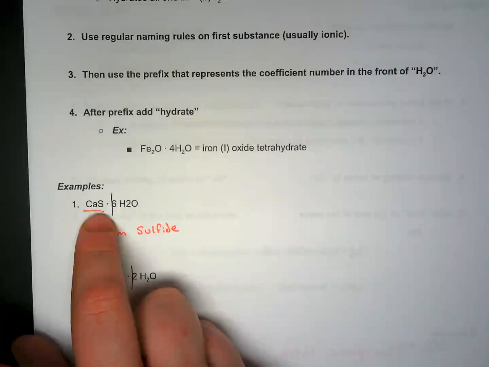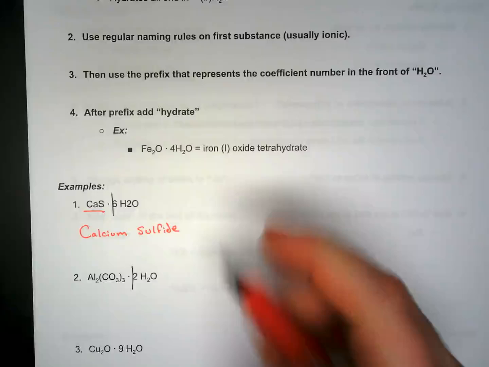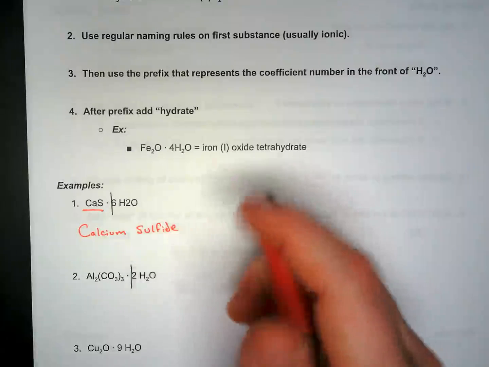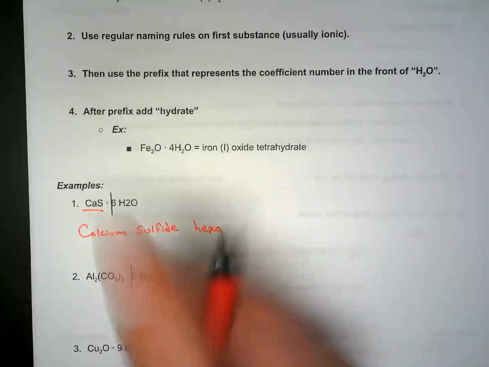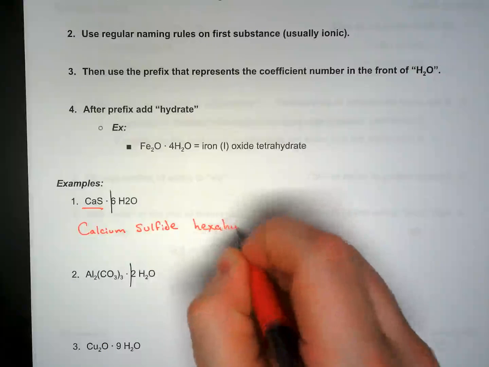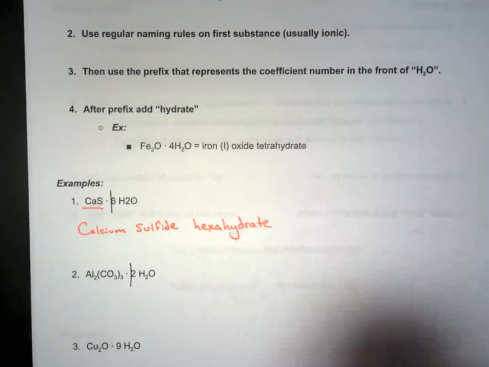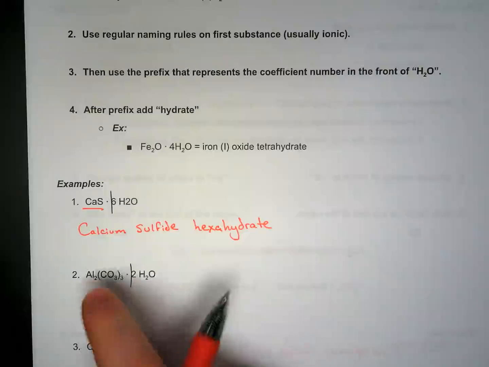The second one's going to be a little different. Well, that's sulfur. What's sulfur's ionic name? Sulfide. So calcium sulfide. And then here we just have to figure out, well, what's the prefix? The prefix is hexa. And then H2O, hydrate. Boom, done.